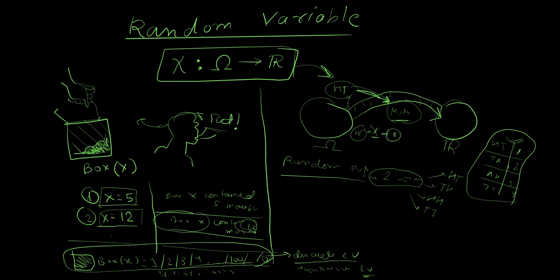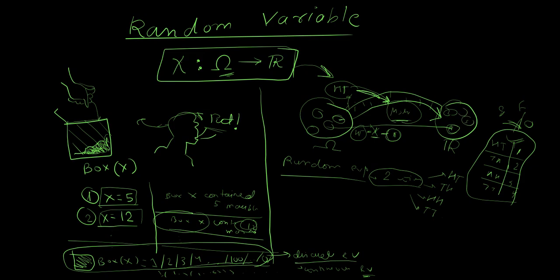It is a mapping, a type of function. As you can see, this is the input and this is the output. That is what a function is, right? So it is a function where we take an outcome of the random experiment and map it to its corresponding value in the real numbers, which can be 1, 2, 3, any real number, even 1.23.